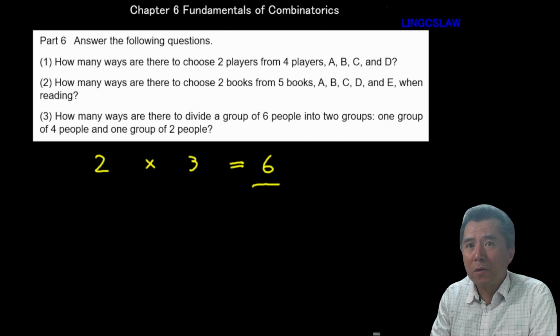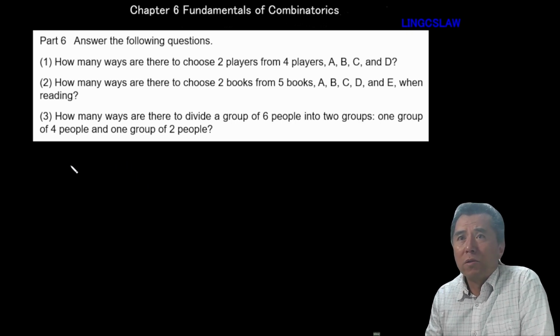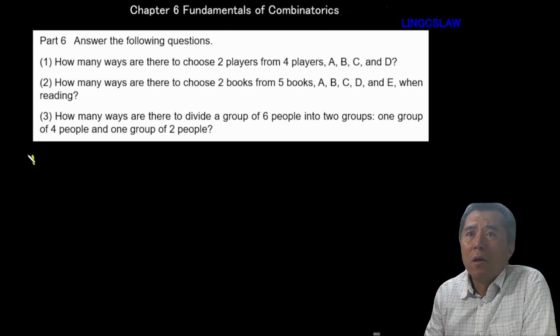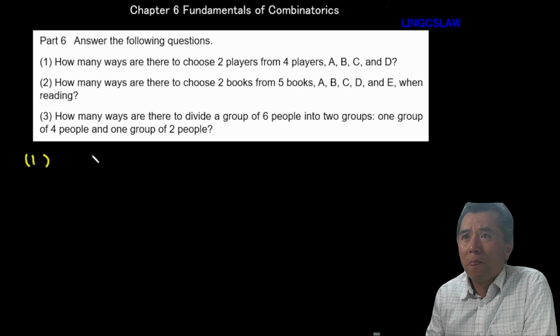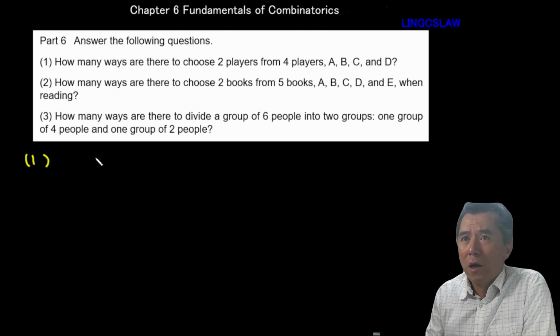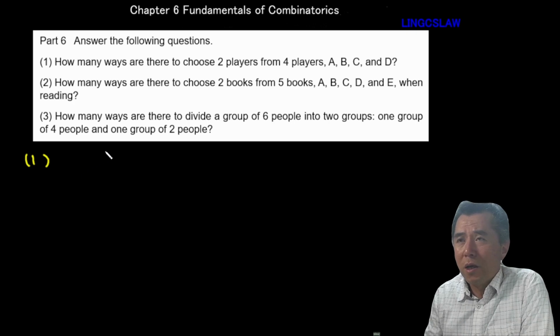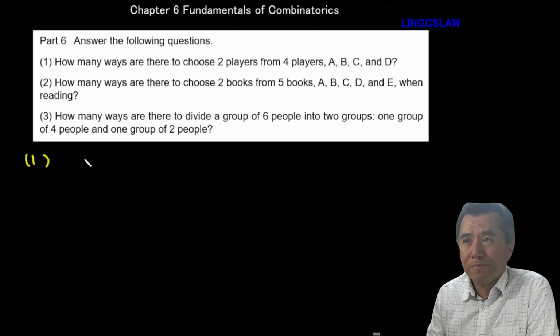Number 6, part 6. Answer the following questions. Number 1. How many ways are there to choose 2 players from 4 players, A, B, C, and D? So you choose 2 players, and this is not a permutation but a combination.